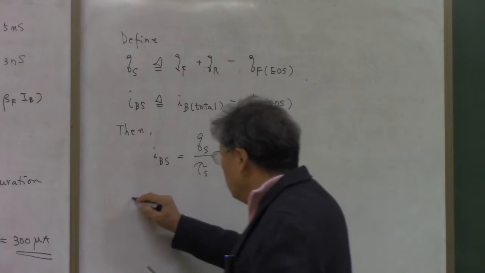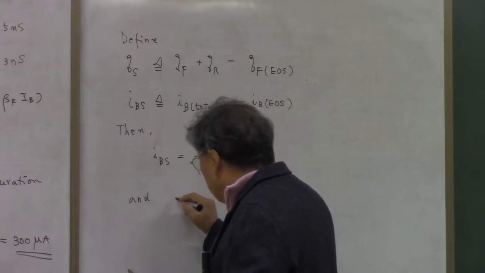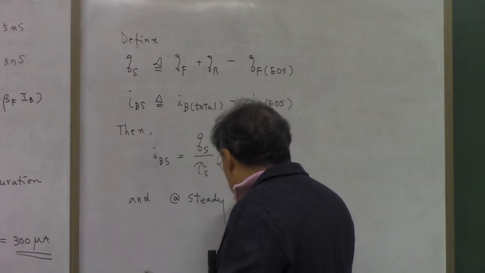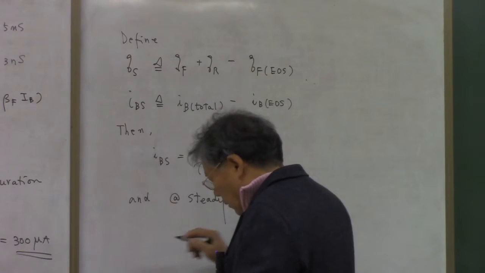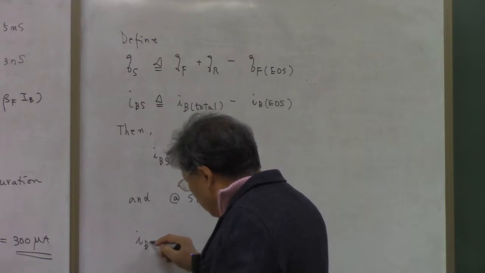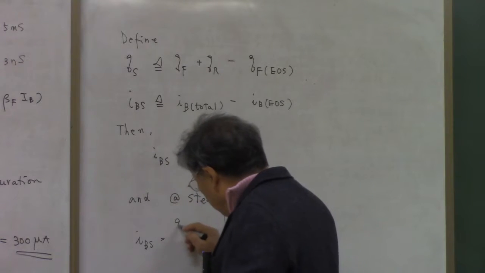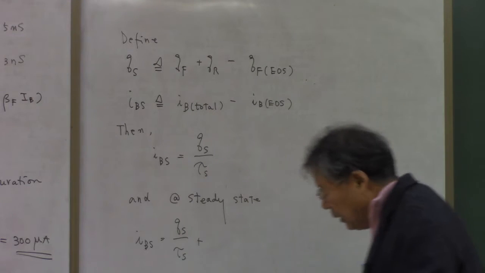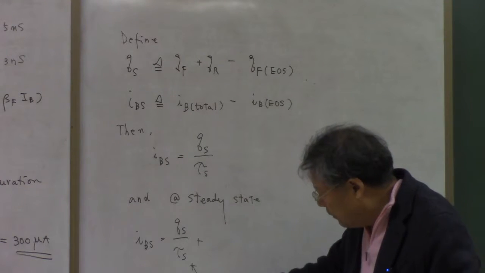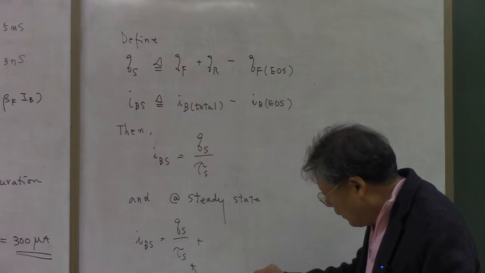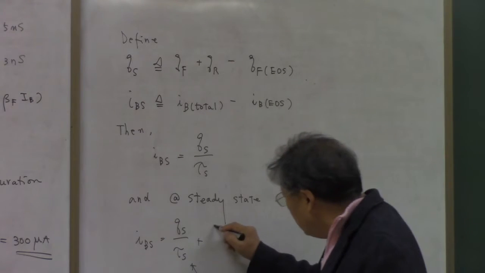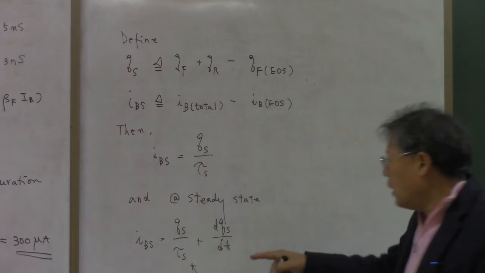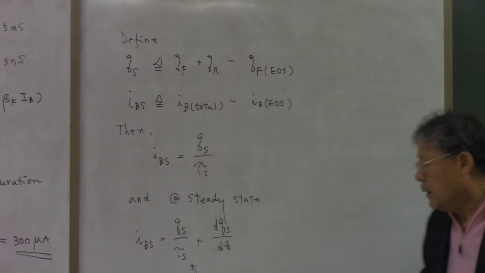And at the steady state, we can set IBS saturation current is going to be QS over tau S plus, this is a DC term, plus dQS over dt. This is a time-dependent term. Okay?